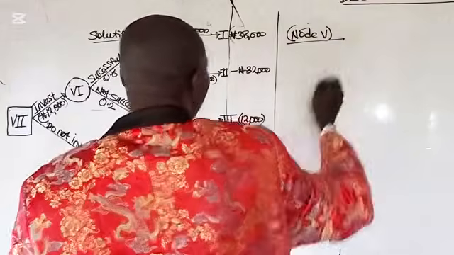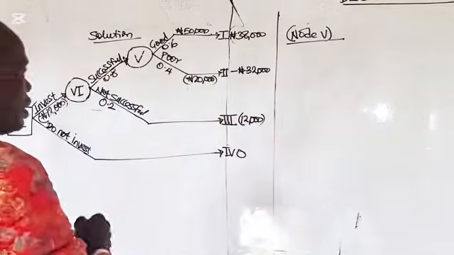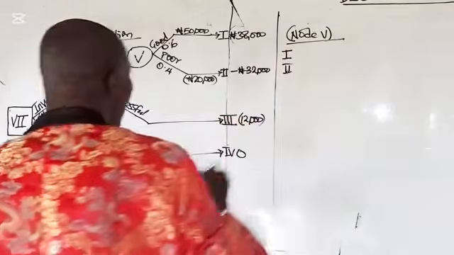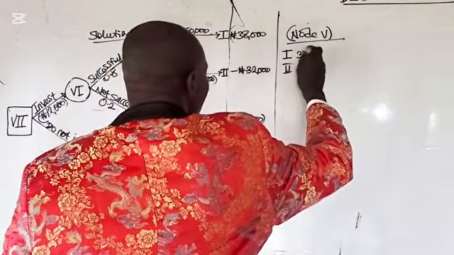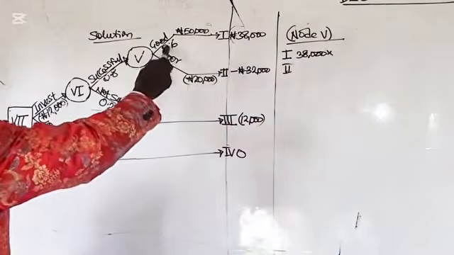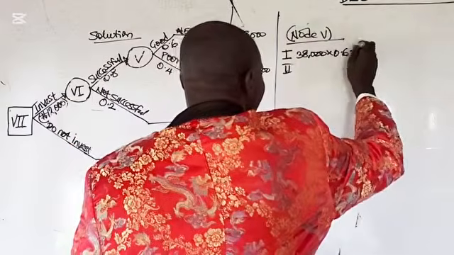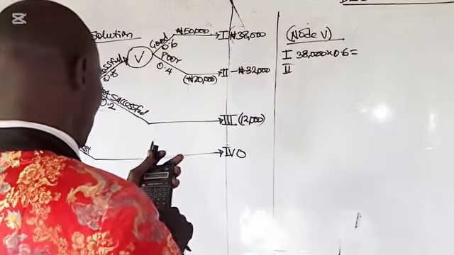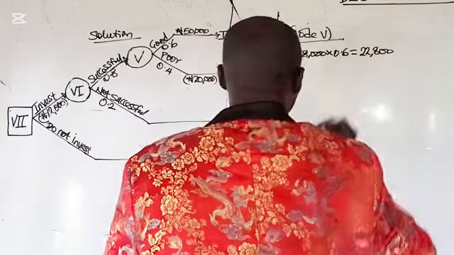Since it is a chance node, you use expected value of points 1 and 2. Point 1, we have 38,000 times the probability, which is 0.6. That gives us 22,800.